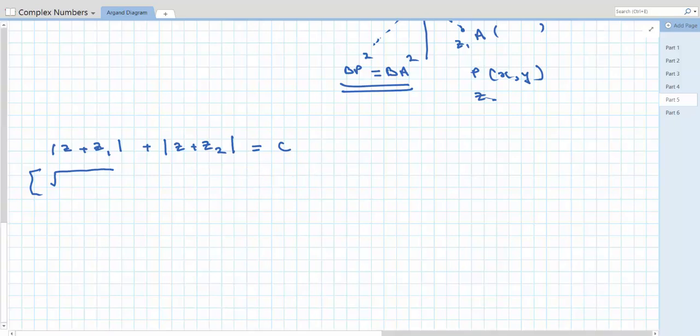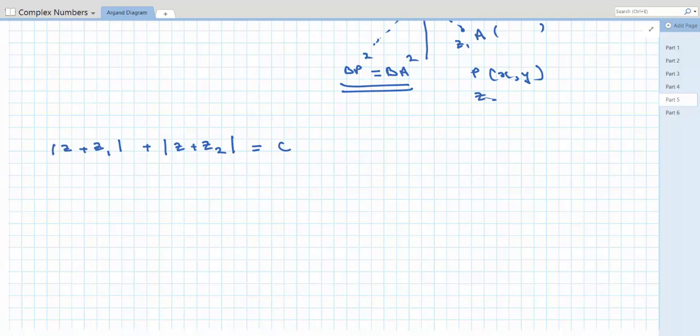It can be done, but it's a very challenging exercise to get through. So let's look at this question slightly differently.